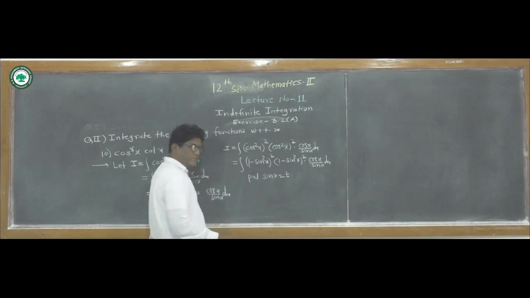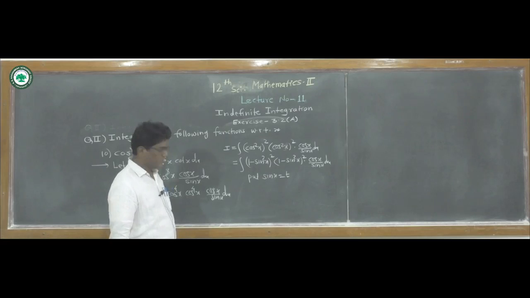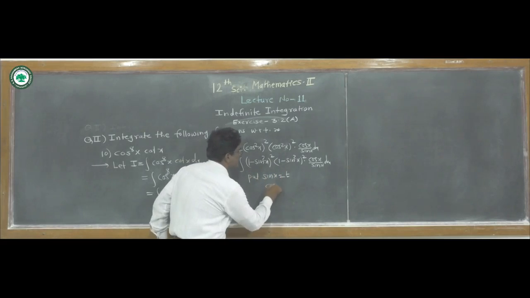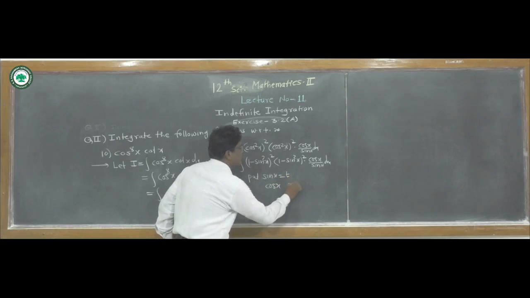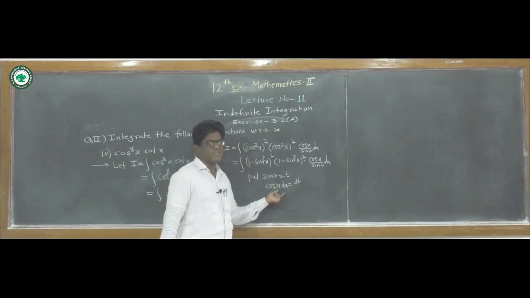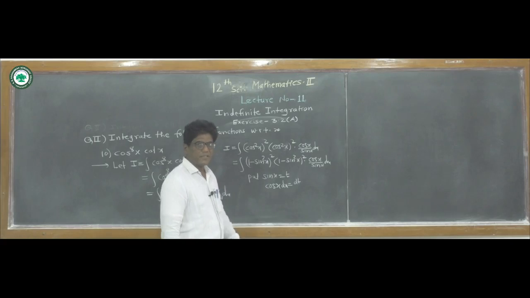Now differentiate with respect to x on both sides. d by dx of sin x is equal to d by dx of t. So derivative of sin x is cos x, and here derivative of t is dt upon dx. Carry that dx to the left side, and therefore we get here cos x dx is equal to dt.